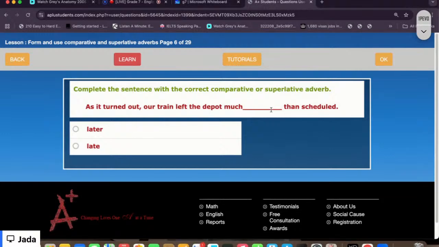All right, so departs much later than scheduled.